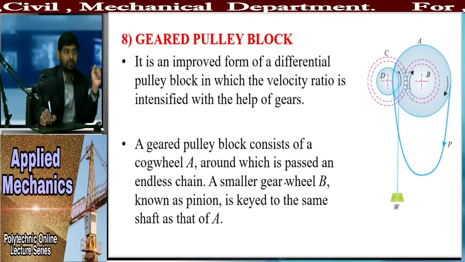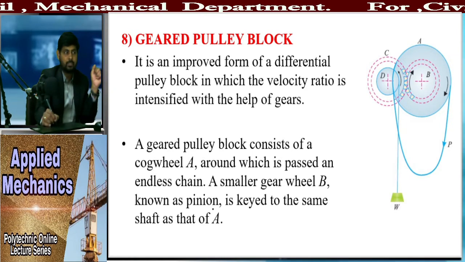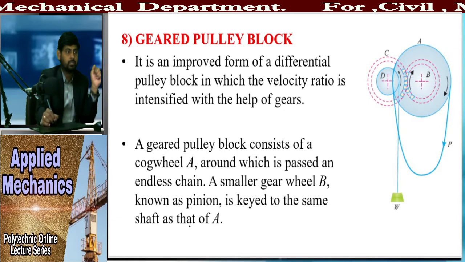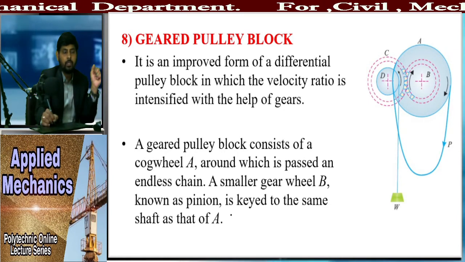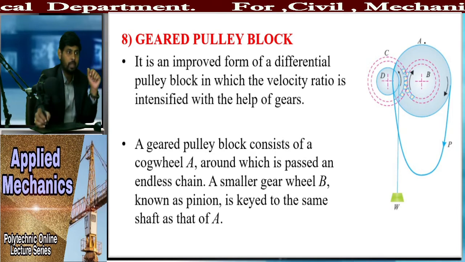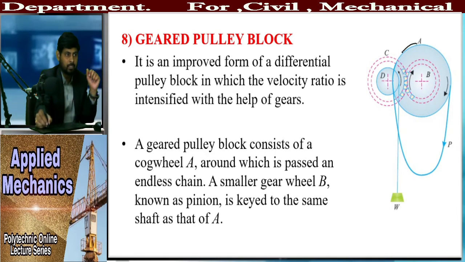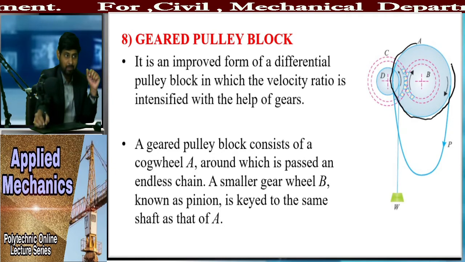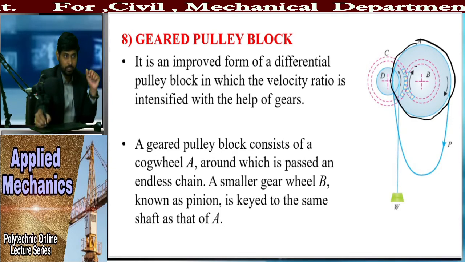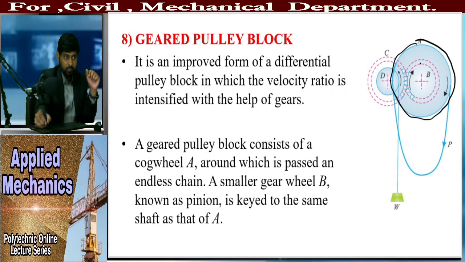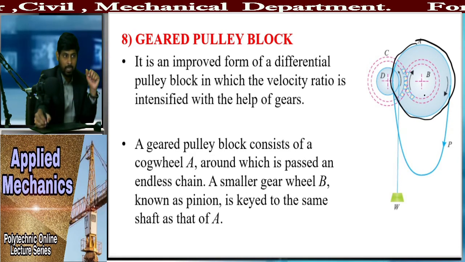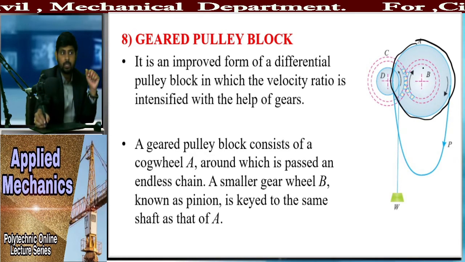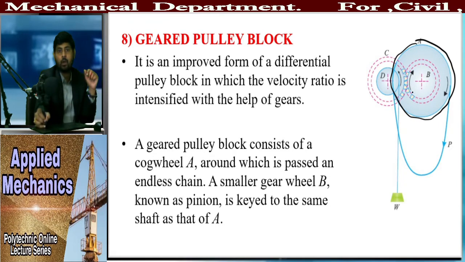A smaller gear wheel B, known as pinion, is keyed to the same shaft as that of A. You can see in this figure the larger gear A, and on the same shaft a smaller pinion B, and both A and B are mounted on the same shaft.